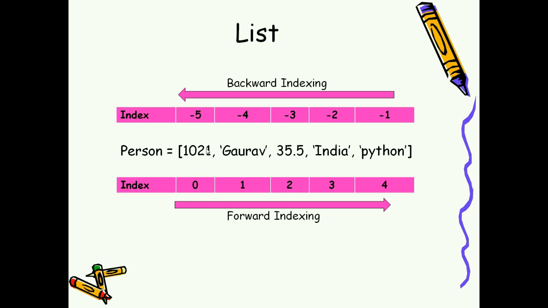So this value Python is at index -1, this value India is at index -2 and so on. We can access these values on the basis of the backward index also.